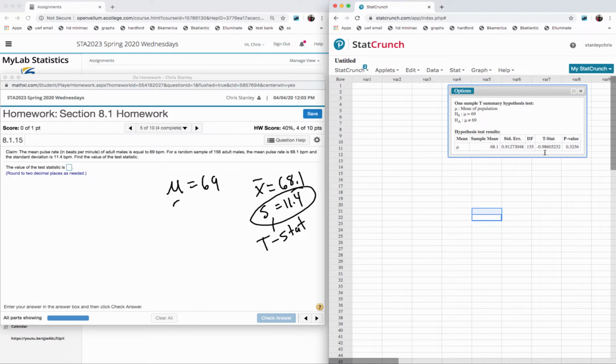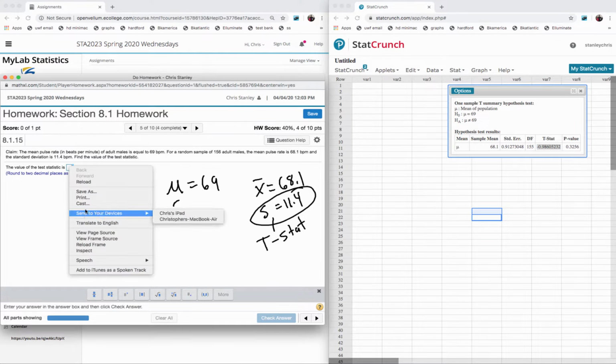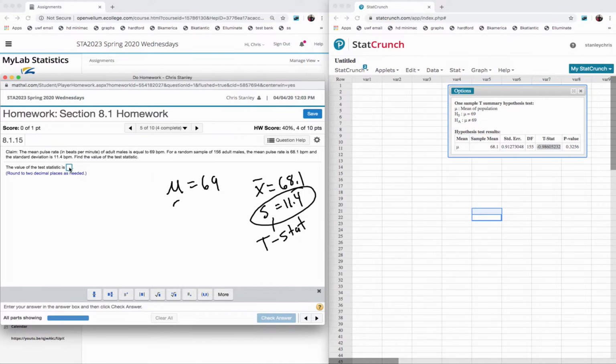So we need it. Okay, that's not working, so we'll just stick with the negative 0.99.